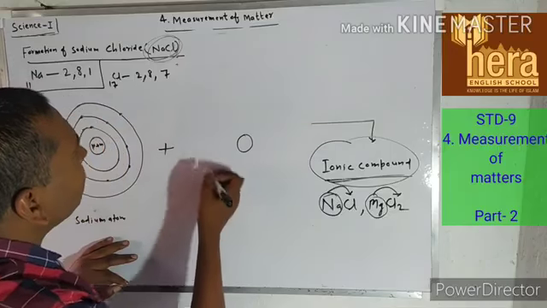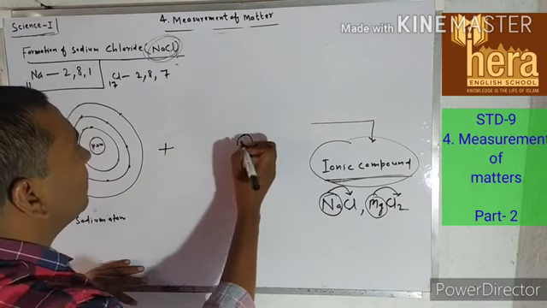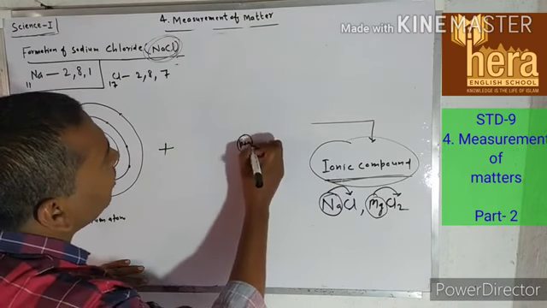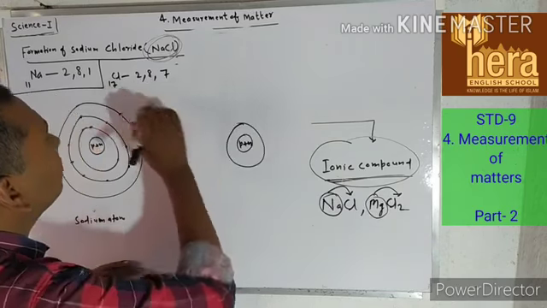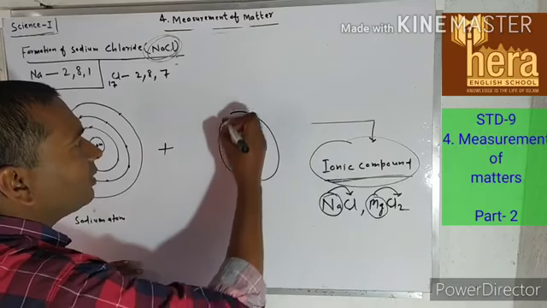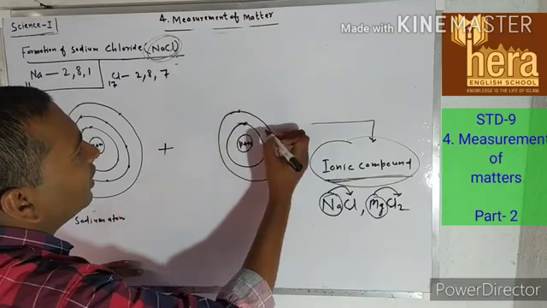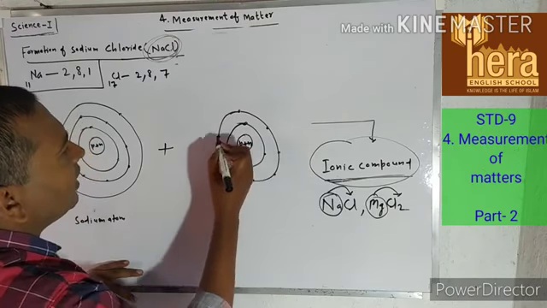In the nucleus there are protons and neutrons. In the first orbit, how many electrons are there? 2 electrons. 1, 2. In the second orbit, 8 electrons. 1, 2, 3, 4, 5, 6, 7, 8.